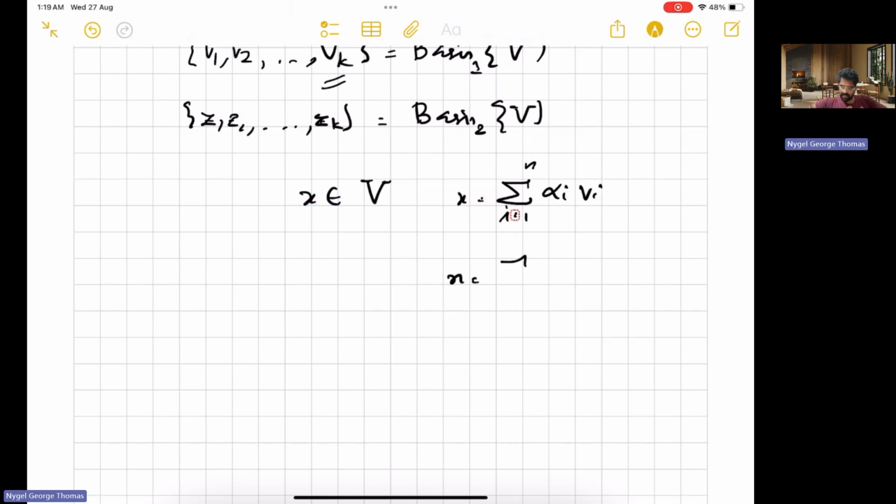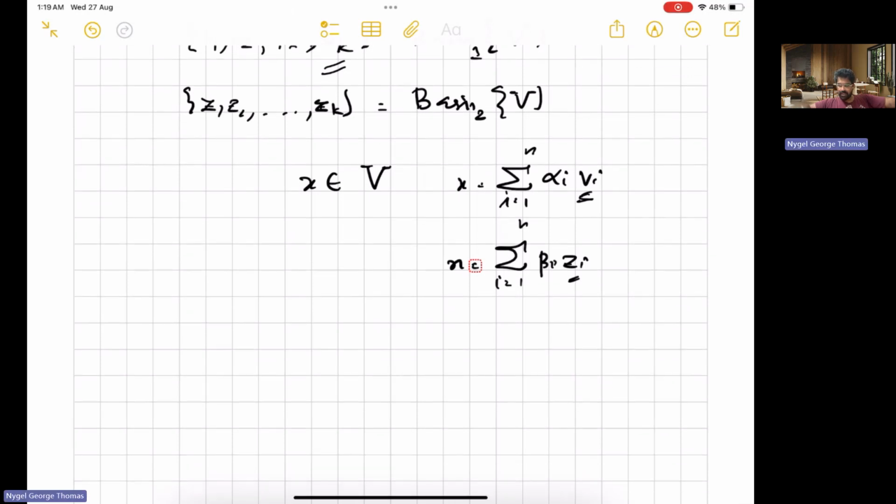Similarly, x can also be expressed as a linear combination of basis 2, like sum of beta_i z_i. The set of all v_i's and the set of all z_i's need not be the same, need not be unique. There could be another set which is different from the set of v_i's and the set of z_i's.